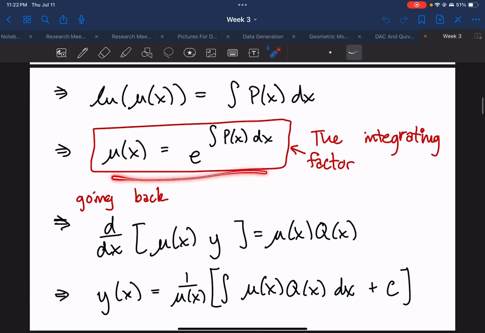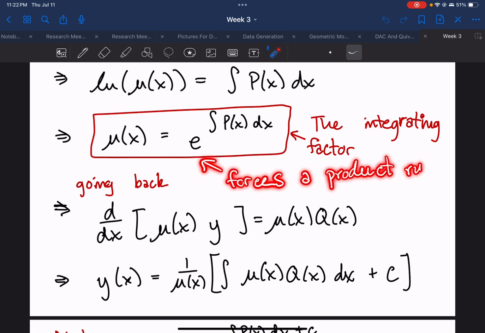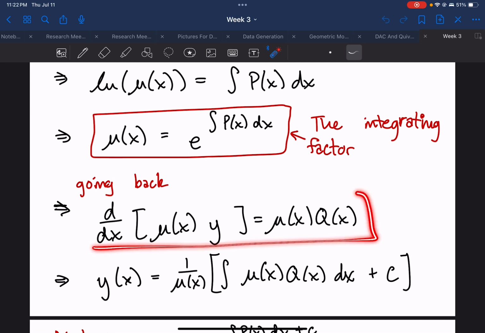Once you have mu of x, you can jump back to where we were before, right? This mu of x right here forces a product rule on the left-hand side, which means I can cut to this equation.